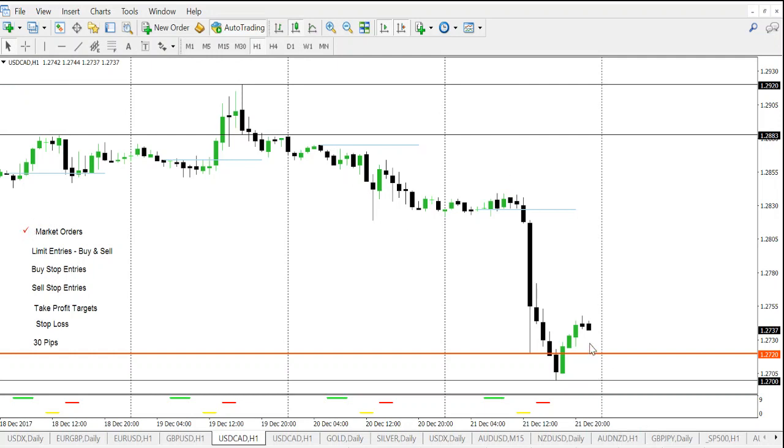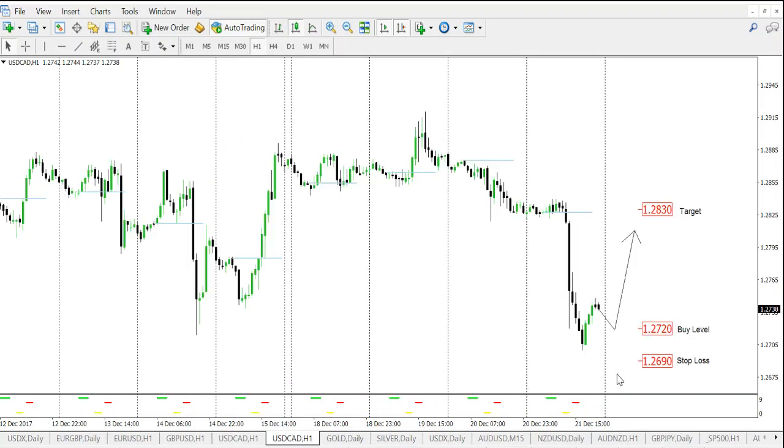Now the next one on the list is a limit entry, a buy and a sell limit entry. This works so you can just set it and forget it. Let's say we put this signal out at or before 12 a.m. New York time on a Monday.